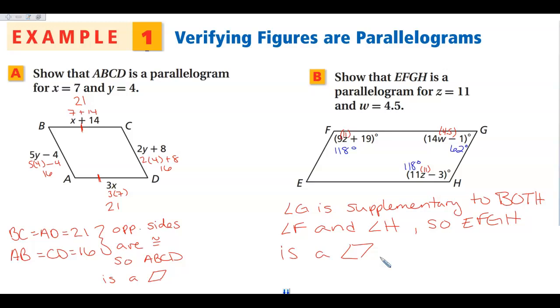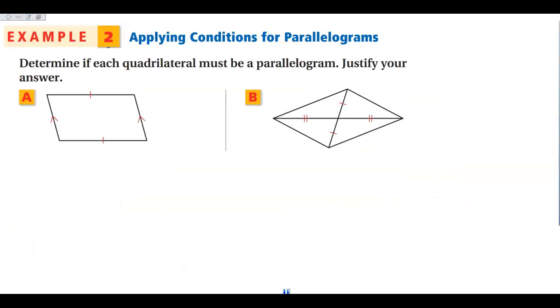Okay? So again, we have to show that it is supplementary to both of its consecutives. All right, let's look at another example.